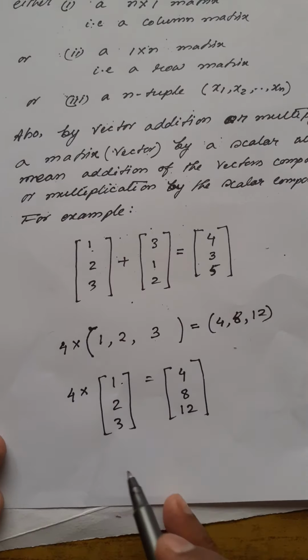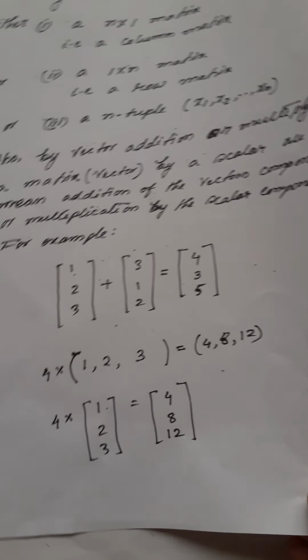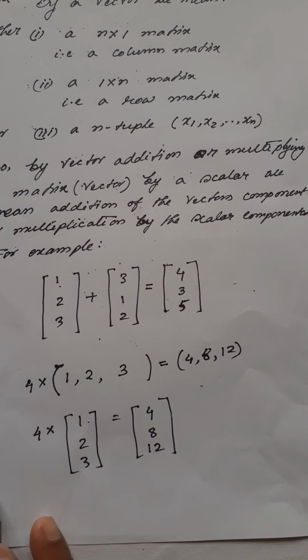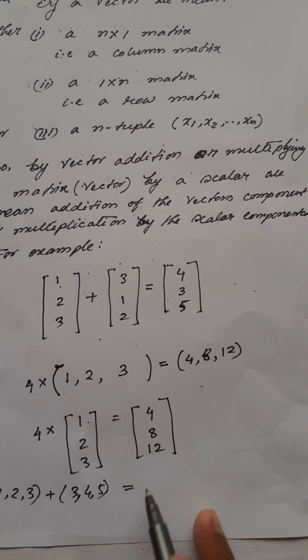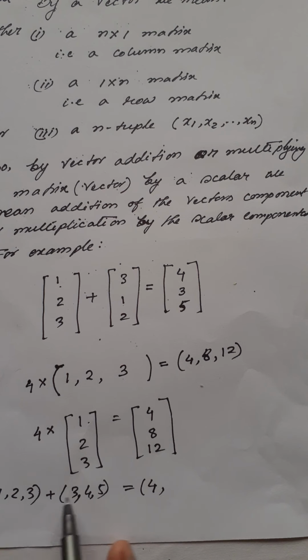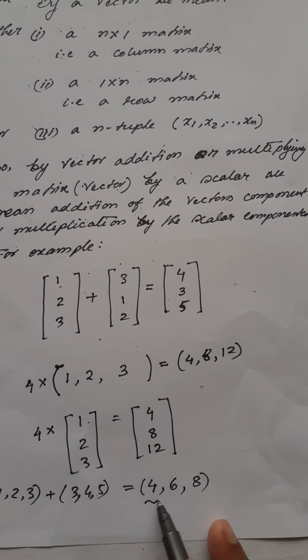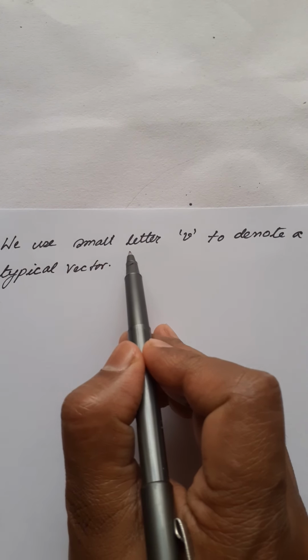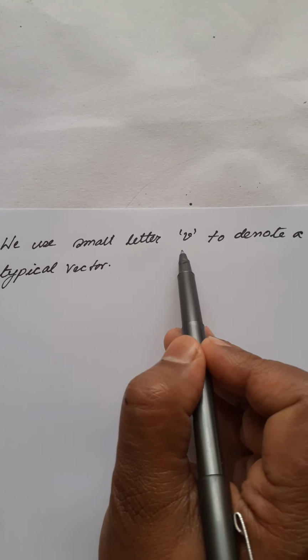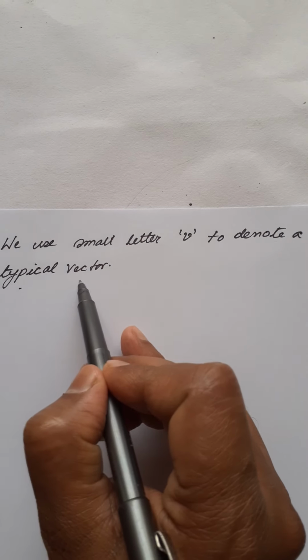For one more example, if I add the tuples 1, 2, 3 plus 3, 4, 5, what are we going to get? We add component wise: 3 plus 1, 4, then 2 plus 4, 6, then 3 plus 5, 8. So this is the resultant vector, or sum of these two vectors. We use small letter v to denote a typical vector.